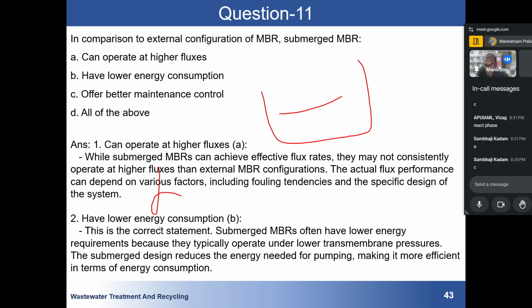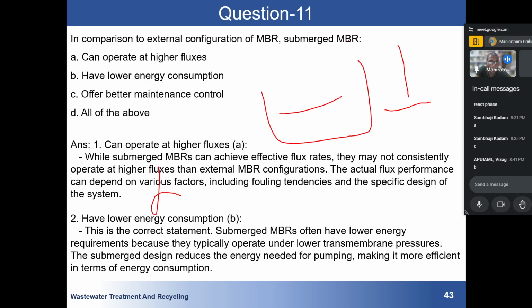But coming to having lower energy consumption, this is a correct statement. Submerged MBRs often have lower energy requirements because they typically operate under low transmembrane pressure. Remember, whenever we are talking about membranes, there is always pressure required, because water will not pass through without any energy.